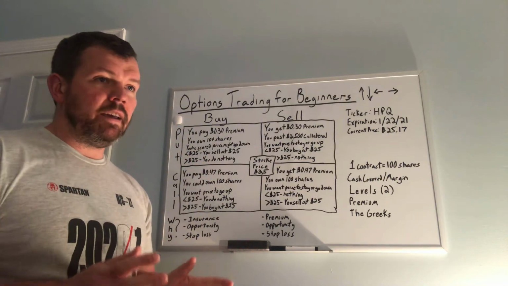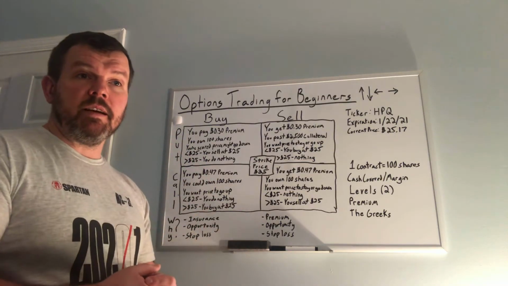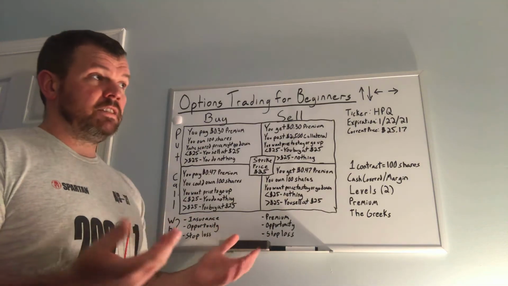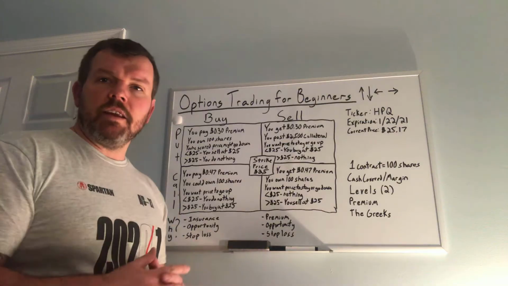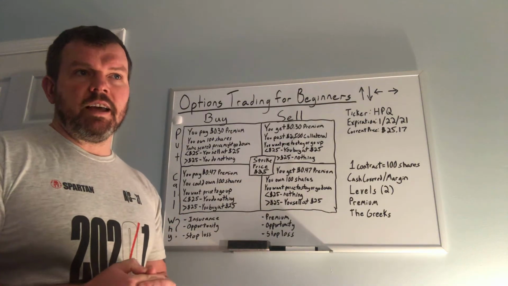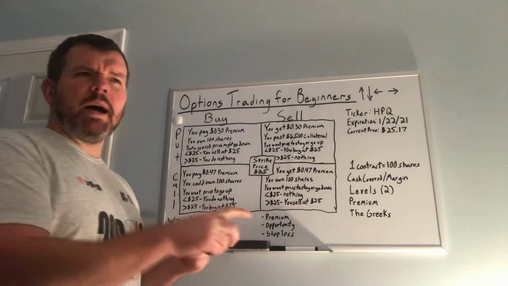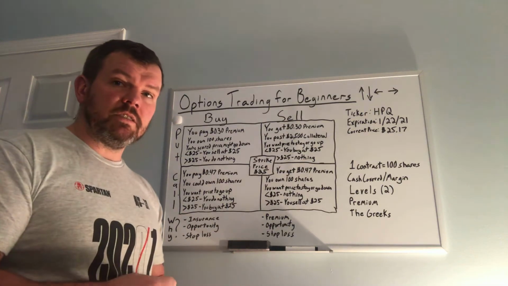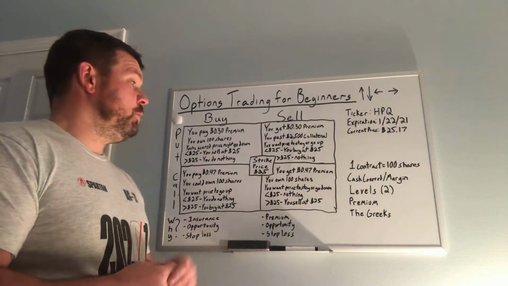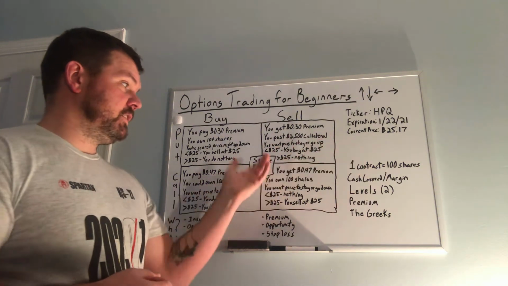Again, why? Something big must be happening, like earnings or something. Maybe they're unveiling a new product that the market's gonna like, that you think. But you don't want to buy the shares right now. You just want to buy the option to buy the shares. So you don't want to spend 100 shares times $25.